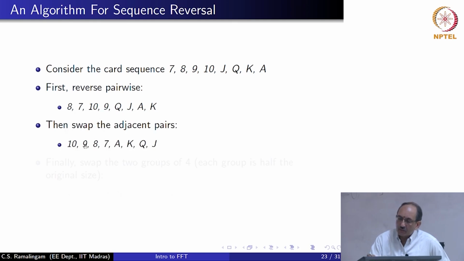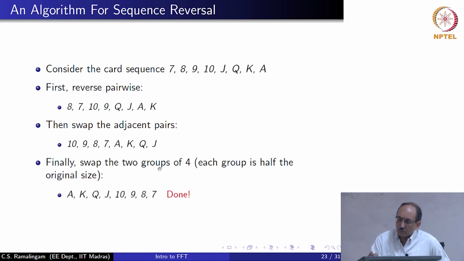So 8, 7, 10, 9 becomes 10, 9, 8, 7, and then finally swap the 2 groups of 4. So you have reversed the sequence. And the reason why I am bringing this up is, remember, you need to do bit reversal. So here is a sequence and here is an algorithm that does sequence reversal, which is what you need for bit reversing the index, which is important so that you present the input sequence in the bit reversed order rather than in normal order.